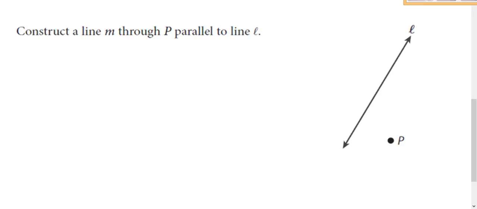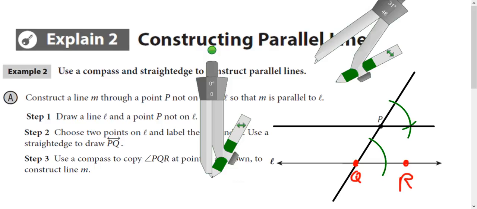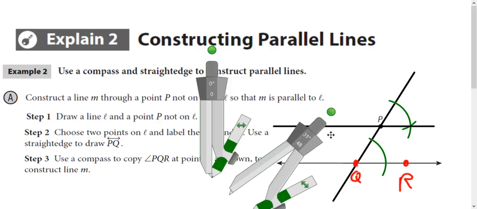So we can do the exact same process again. Draw a line however you want. It just has to go through P and through L. And get your compass.